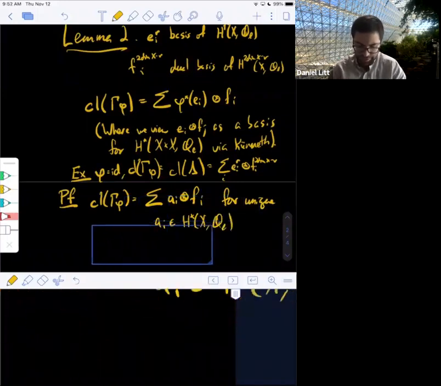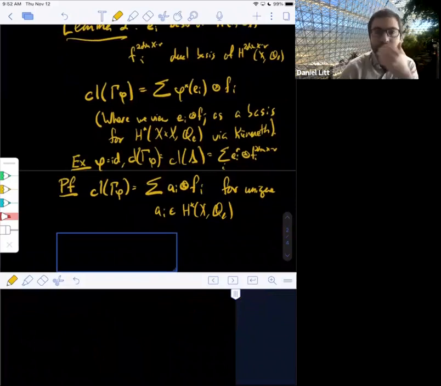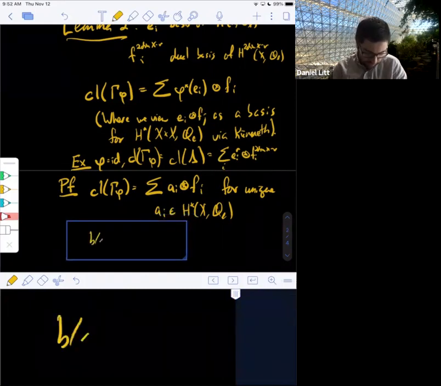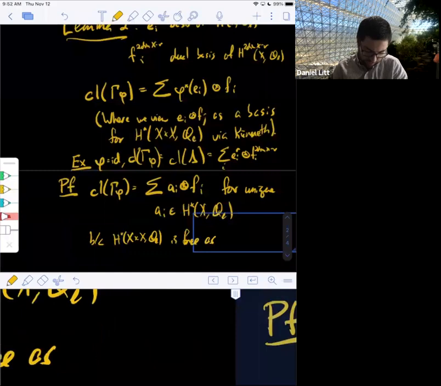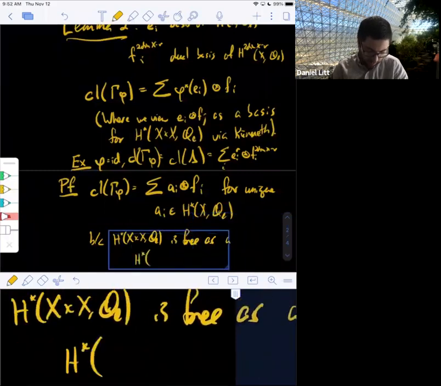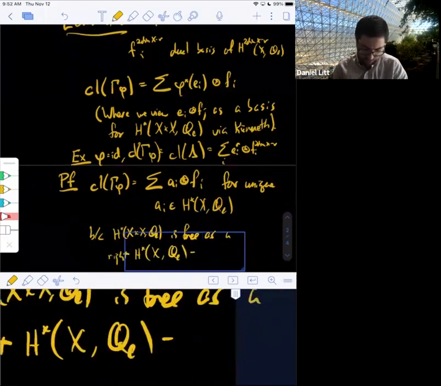Can anyone tell me why this is? This is just by Künneth, because the cohomology of X cross X is free as a right H star(X, Q_l) module.